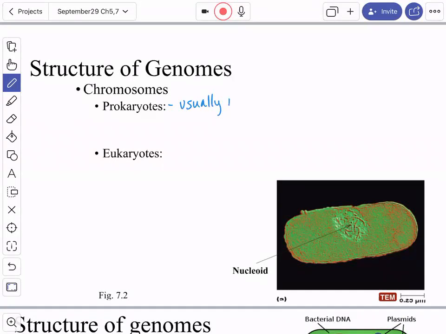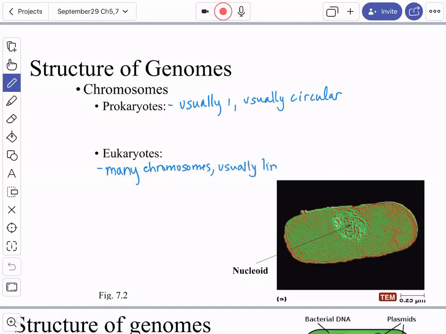Usually one chromosome, and it's usually circular. If you contrast that with eukaryotic DNA, they typically are going to have many chromosomes. Of course, we have 46, we have 23 pairs, and it's usually going to be linear.